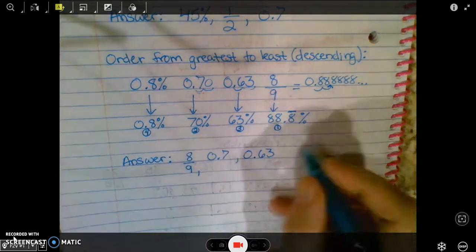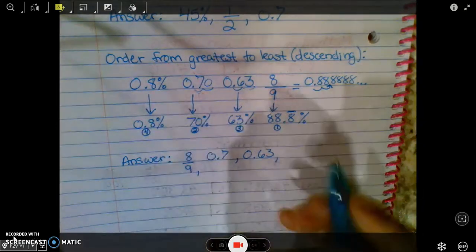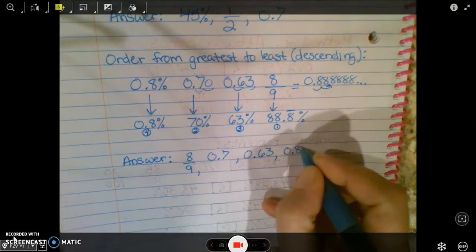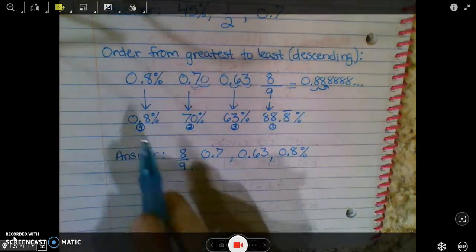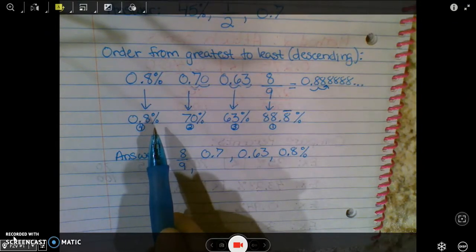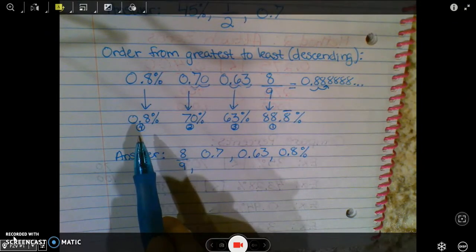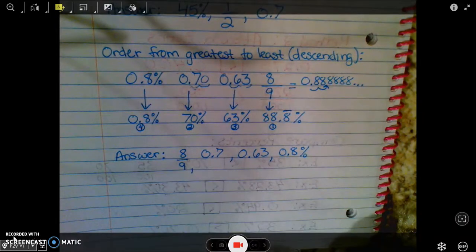And then the smallest was, again, in its original form, the 0.8%. So again, watch out if you have a decimal that is also a percent, it's already in percent form, it's just a very small percent. Don't move that decimal to put it into percent form because it's already in percent form.